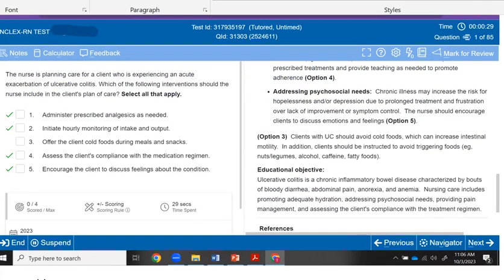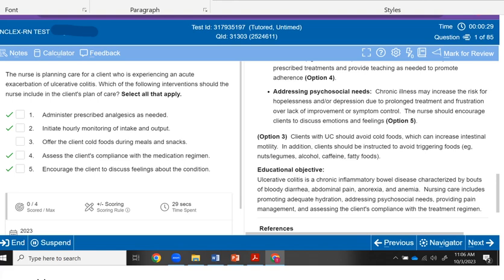Let's see if there's anything else here. We are also going to address their psychosocial needs because guess what? When you have this, it's very depressing. People will feel hopeless, depressed. It may be your neighbor that has this. People don't often talk about having colon diseases. It's embarrassing. So we're going to encourage them to discuss their feelings.